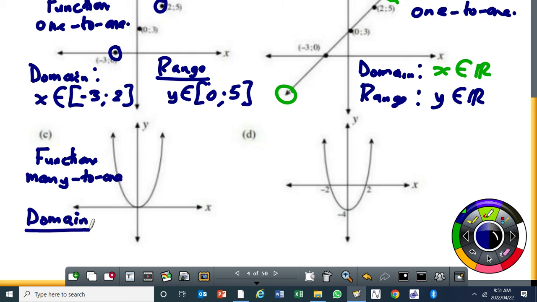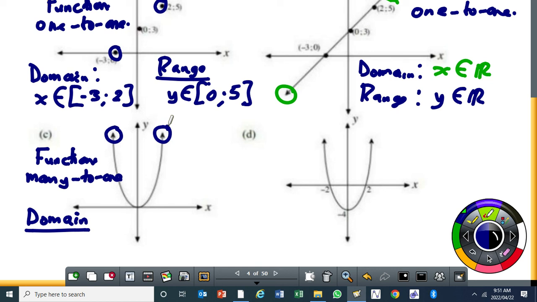Where are we starting? -infinity, and we are moving up to what?